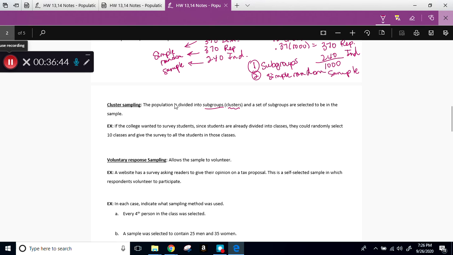So that's the same as stratified. In stratified, you put them into subgroups. You do the same thing with clusters in cluster sampling. But once you do the subgroups, then a set of subgroups is selected to be the sample.